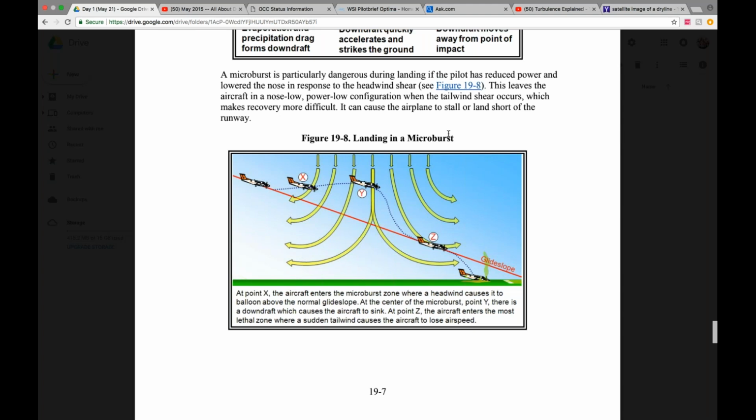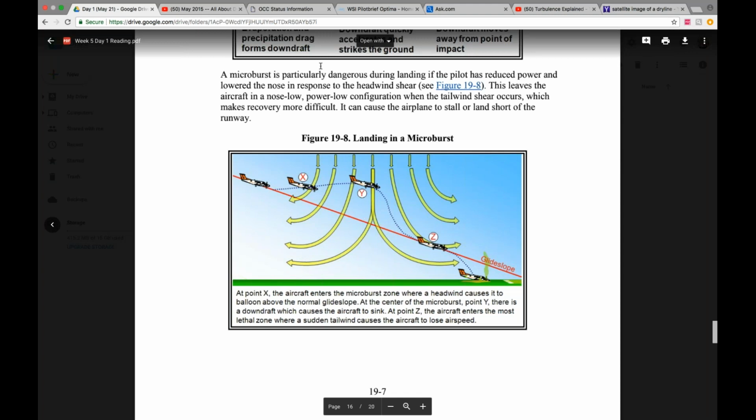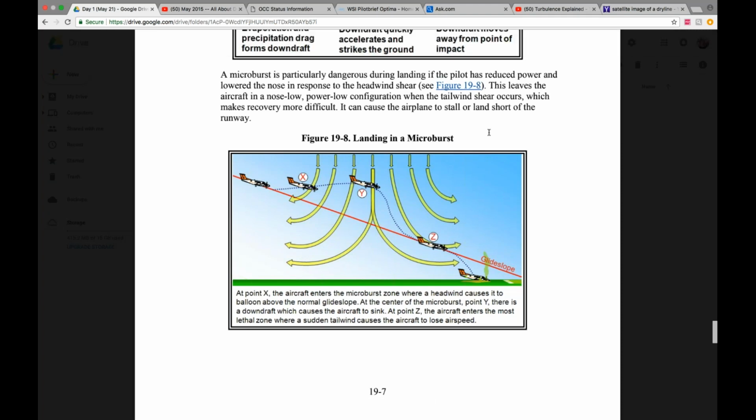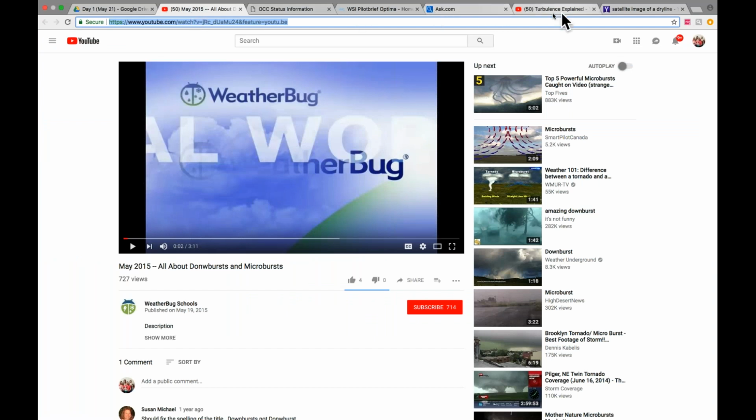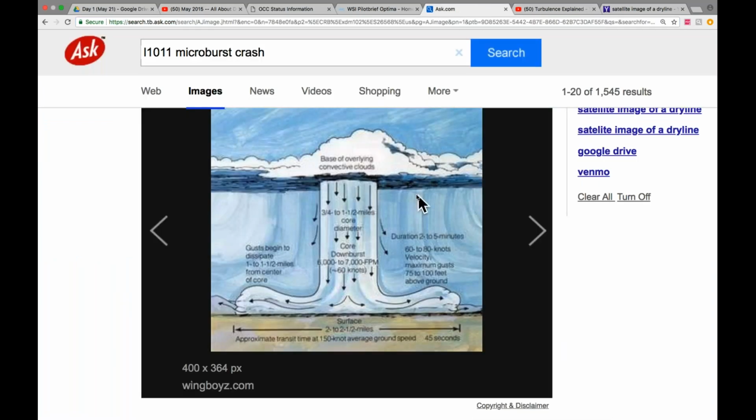Extremely hazardous to aircraft, these downbursts, right? Did it say an average altitude at which these are occurring? I know it's not high, but so from the base of the cloud.